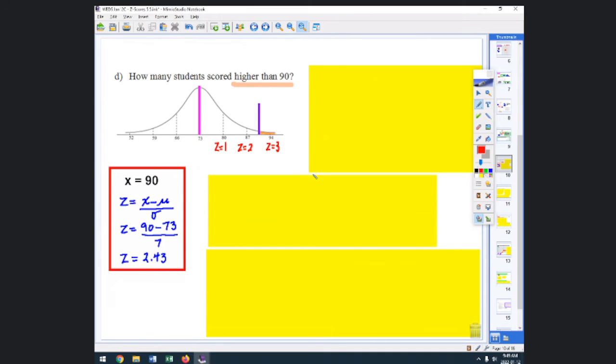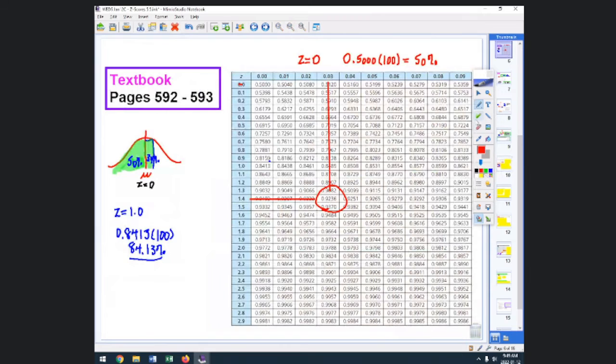Okay, so if I go to the table, 2.43, again, it's positive. So 2.4, I'll come down here, and I want to go to 2.43. Not really too exciting there.